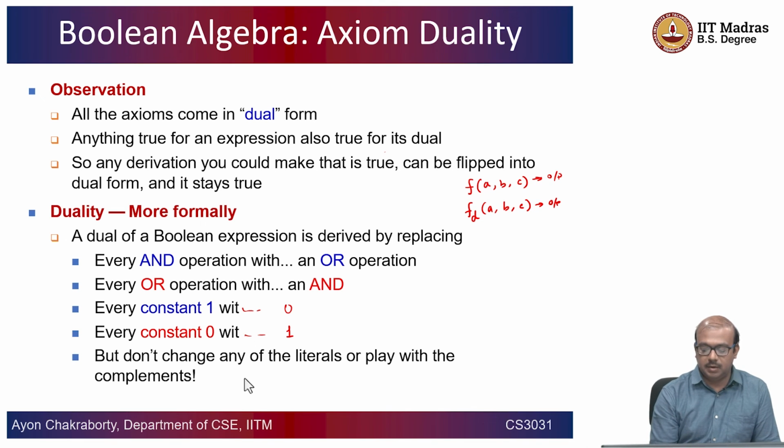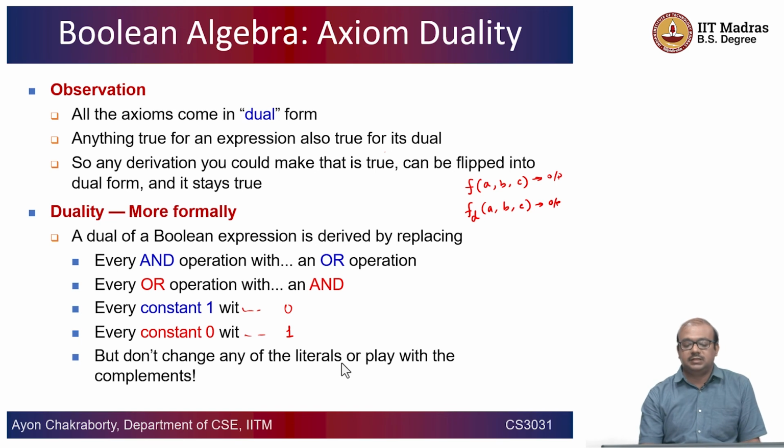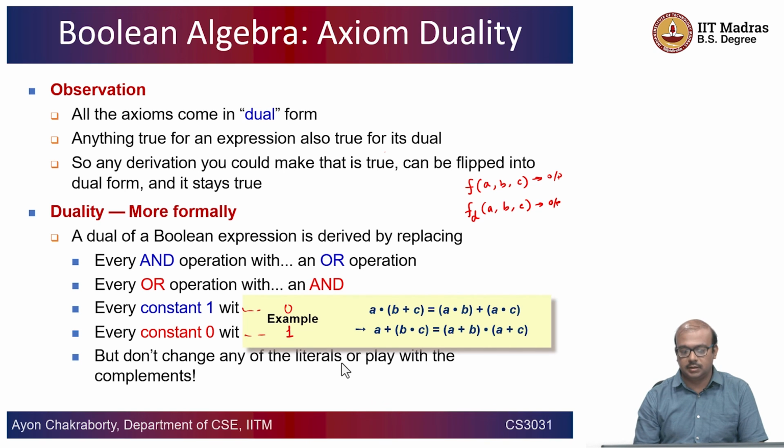Okay, but do not change any of the literals or play with a complement. So we are not really going to touch A bar or B bar and change them, right? So we are simply changing the AND to OR, OR to AND, ones to zeros, zeros to ones, but we are not touching anything that has complements. Okay, so A bar remains A bar, B bar remains B bar.